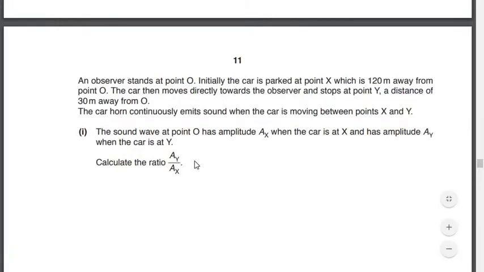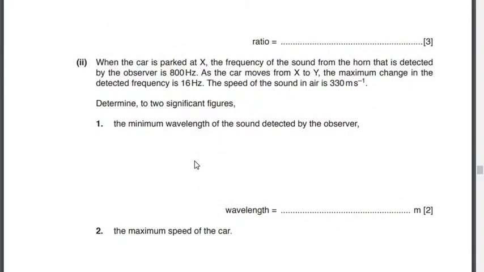Do you get it? Alright, next, when the car is parked at X, the frequency of the sound from the horn is detected by the observer to be 800 Hz. As the car moves from X to Y, the maximum change in the detected frequency is 16 Hz. So it moves from X to Y, so it's moving towards you, right?